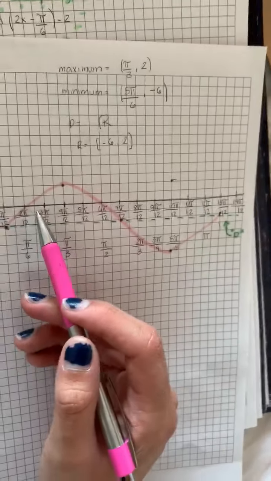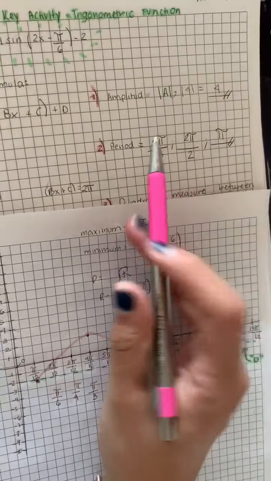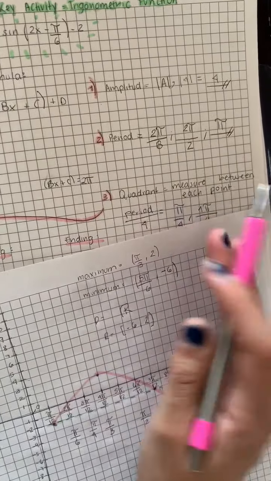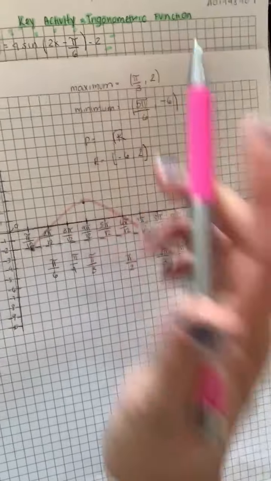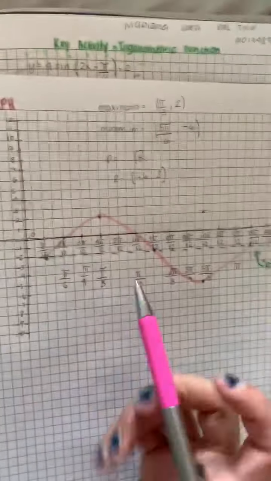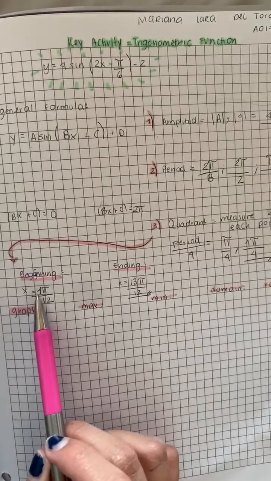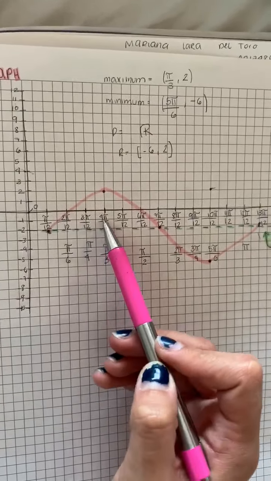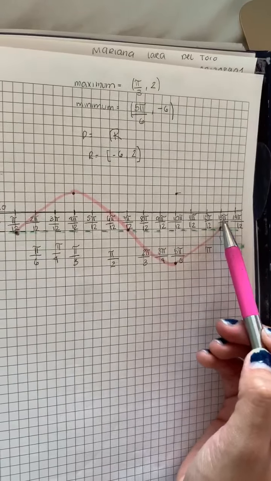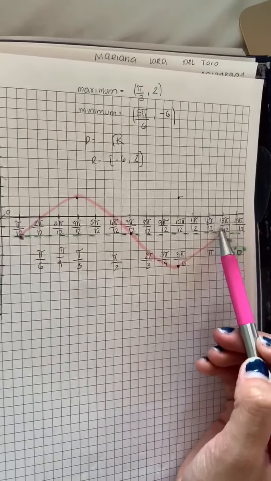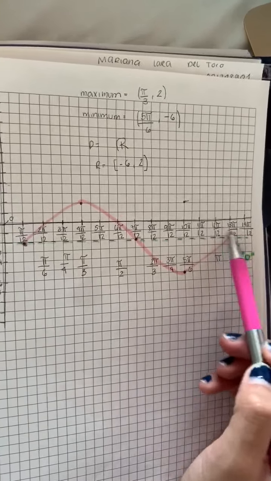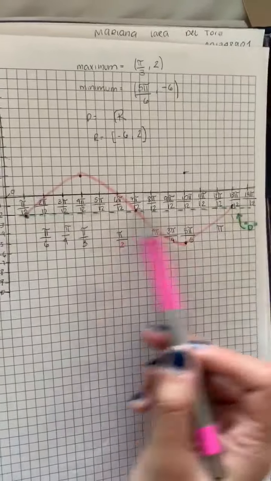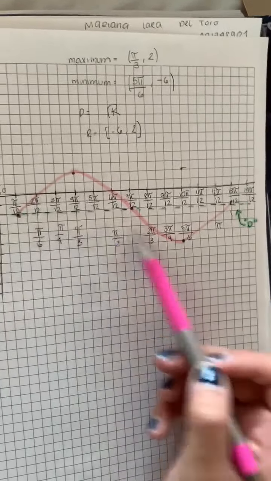Then, as your quadrant says that each point is between pi fourths, you're dividing your graph into that. So first, your beginning says pi 12. So you're putting pi 12s, 2 pi 12s, 3 pi 12s, till you get to the ending point, 13 pi 12s, and that's your finish line. That's the measure your graph is going to have.